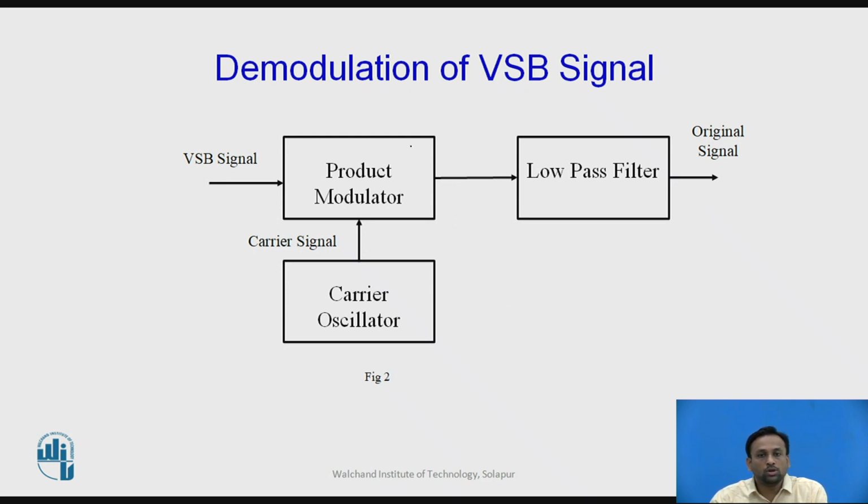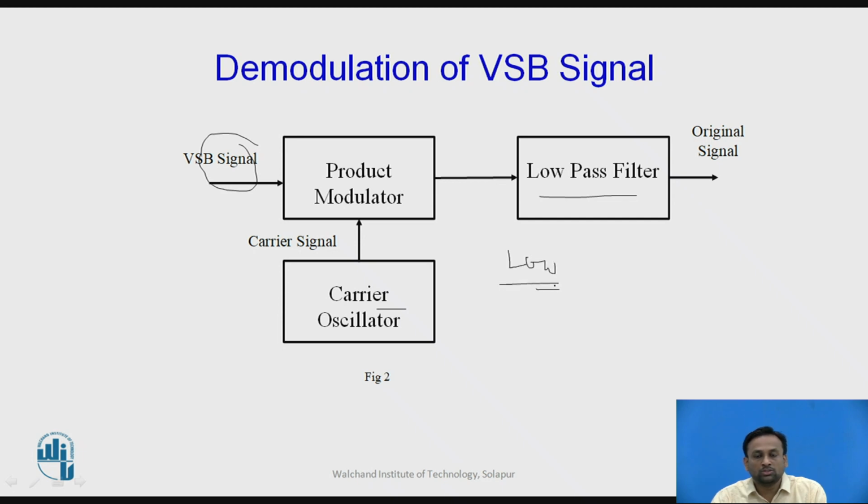Now if you want to demodulate that VSB signal, it is taken as an input to the product modulator, and as we know, we have to reinsert the carrier signal at the receiver side, so that's why we require a carrier oscillator. The product modulator will multiply these two signals and generate the signal which is passed through a low pass filter, because the message signal is always a low frequency signal here.